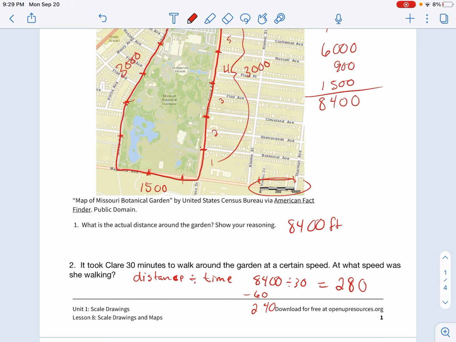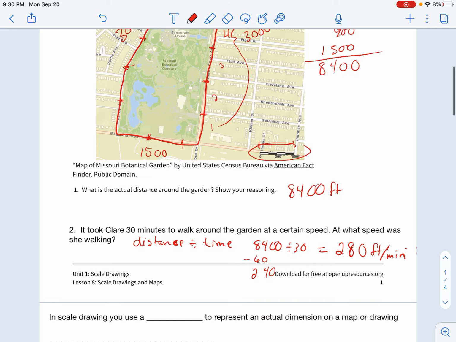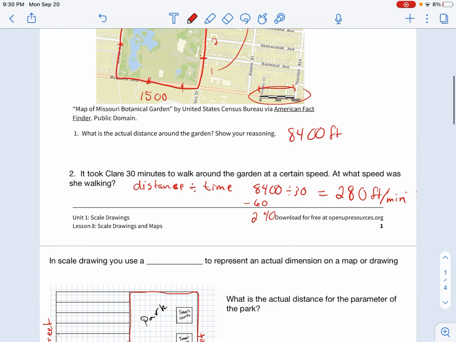So she was walking 280 feet per minute. Okay, so there we can use our scale drawing to find distance, and then if we're given a time that it takes to go that distance, we can find speed.